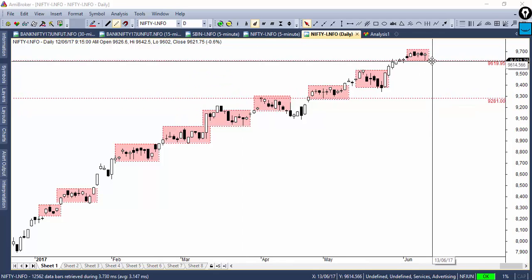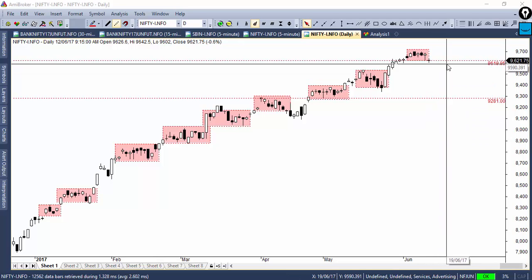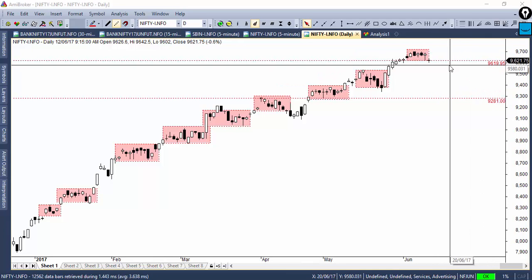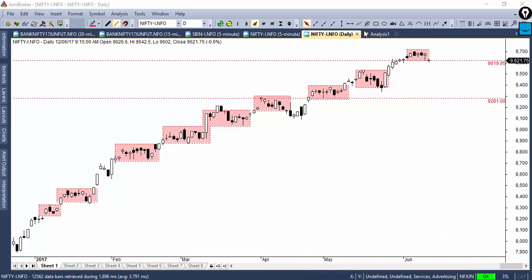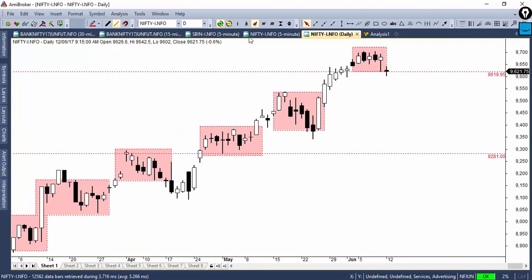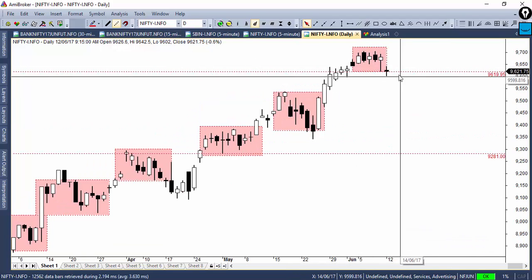Let's start with yesterday's session. Yesterday we tried to push down below the previous week low. The previous week low was 9619.95, but it was a kind of doji style, which is what we get from the Nifty futures daily charts. Nothing much happened.